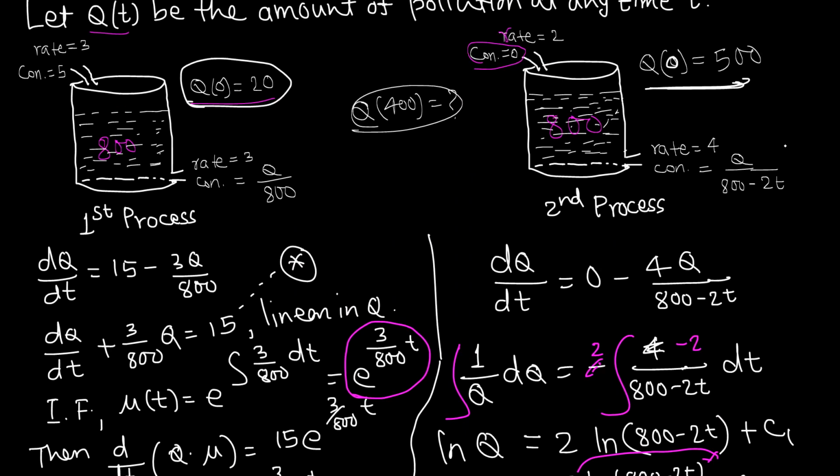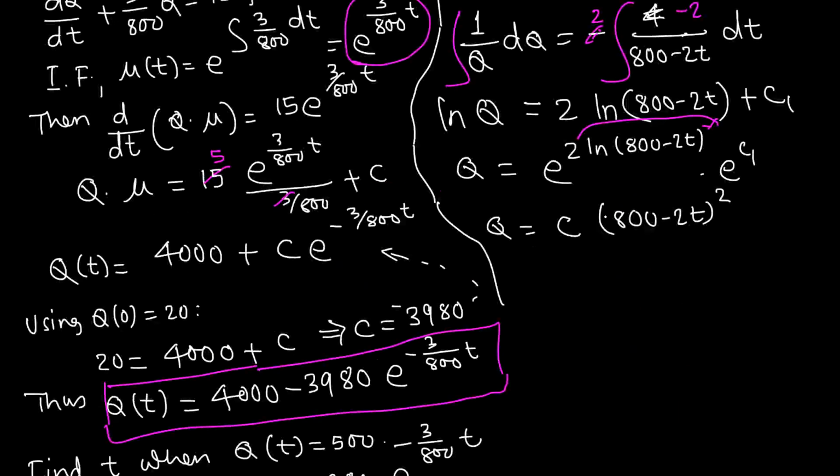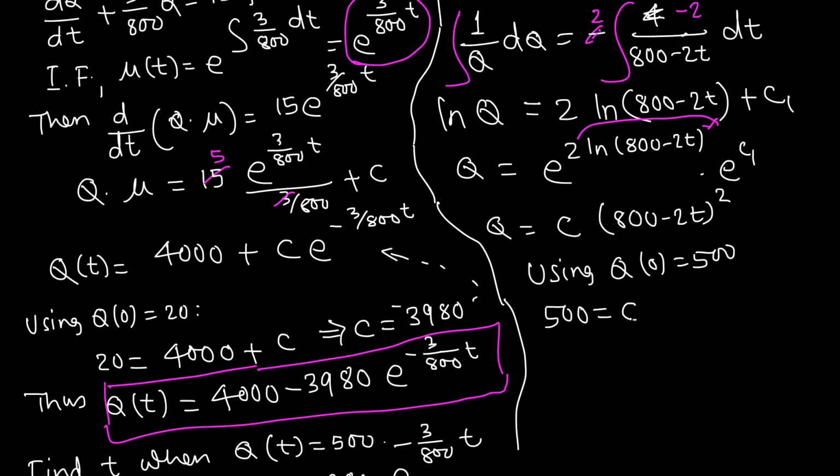Using the initial condition Q(0) equals 500, we need to figure out this constant C. So Q is 500 when t is 0. So C times 800 minus 0, just 800 squared. I don't have to simplify.